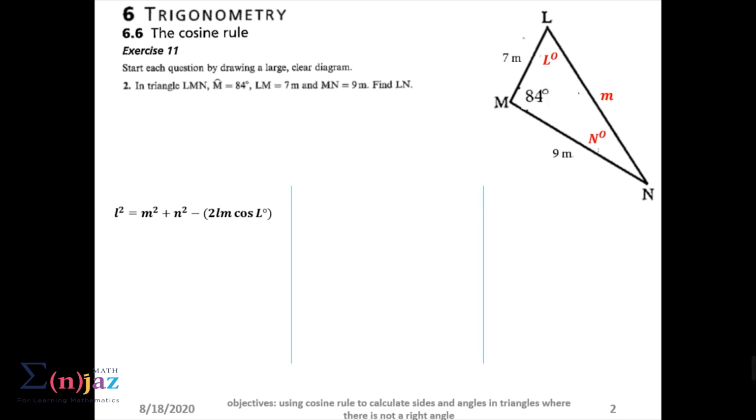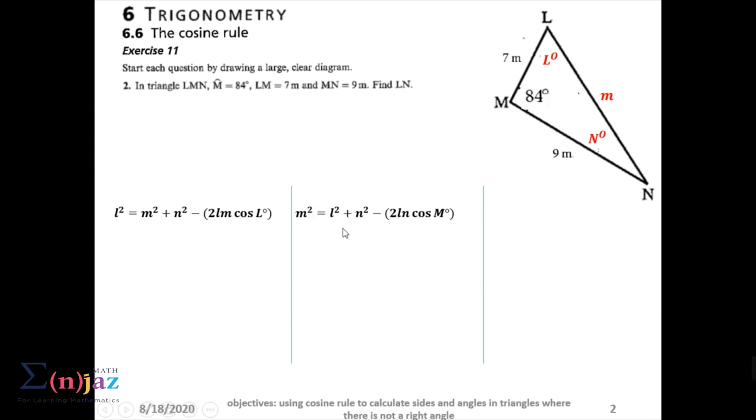M and N. So M squared plus N squared minus, inside brackets, 2 times L times M. I'm sorry, there is a mistake here. 2 times N times M times cosine L. And here we started with the M. So it's going to be M squared is equal to, what are the other two sides?